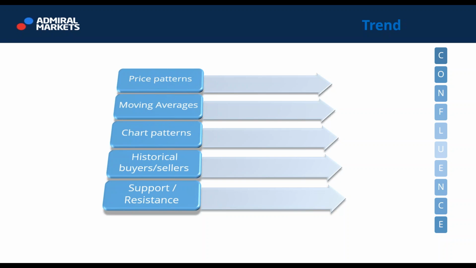I've learned a lot about candlesticks from Steve Nison. I've learned a lot about moving averages from my friend who was a full-time equity trader. Chart patterns I learned from my breakout trading. Historical buyers and sellers I learned through my own failures.